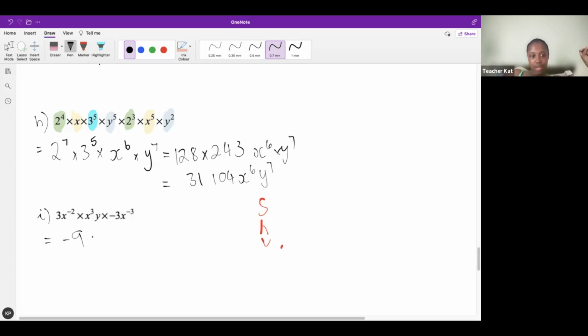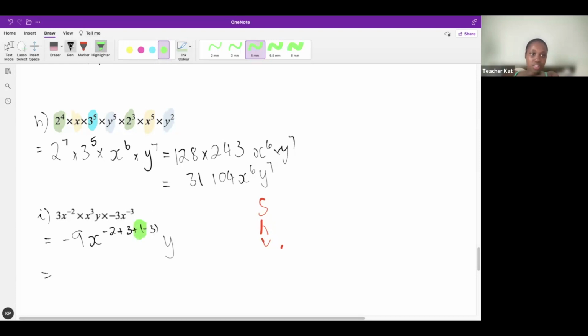And then let's go with my x. So it's going to be x to the power of what plus what plus what? Nice. -2 plus 3 plus -3. And then my y is on its own, so I'm just going to rewrite it over there. Now, what is this plus minus situation going to cause?